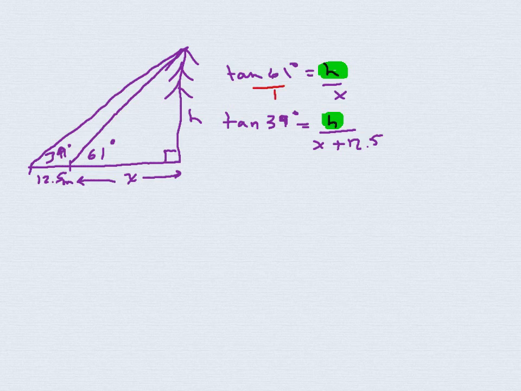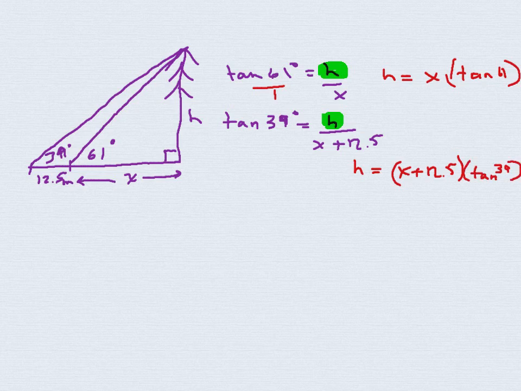h would equal, from the top triangle, x times the tan of 61, and in the bottom triangle, h would equal x plus 12.5 times the tan of 39.